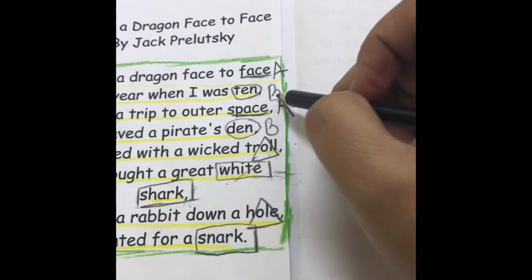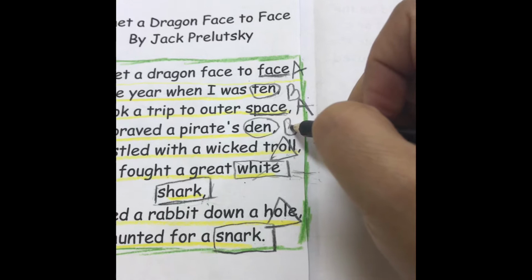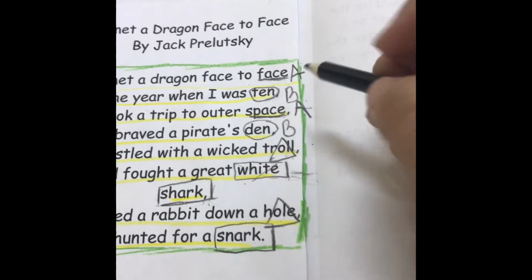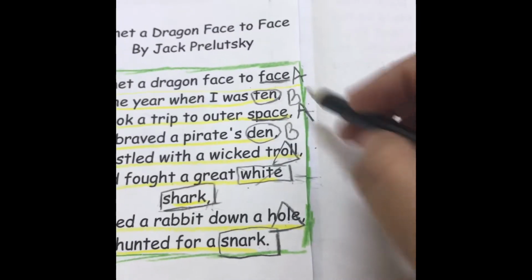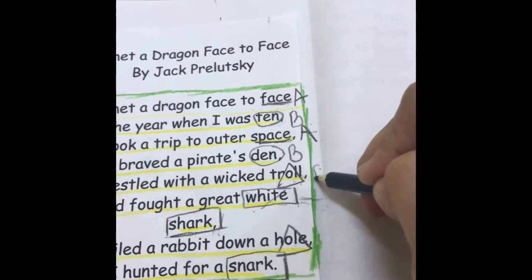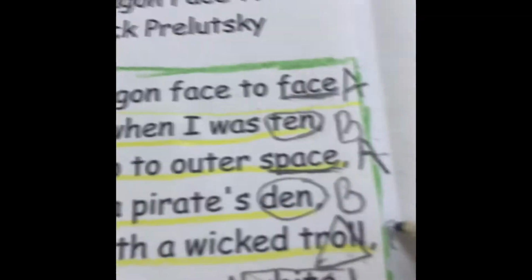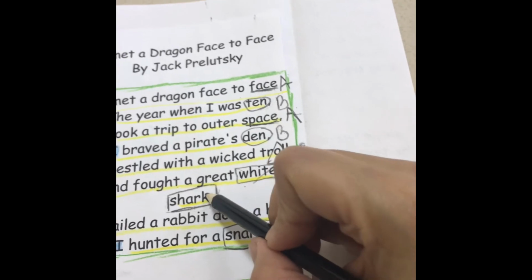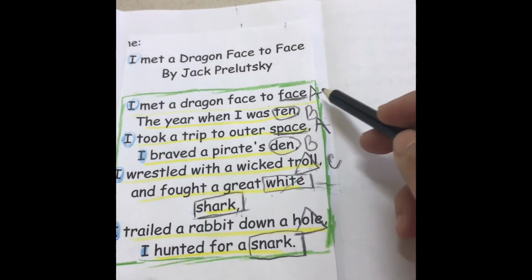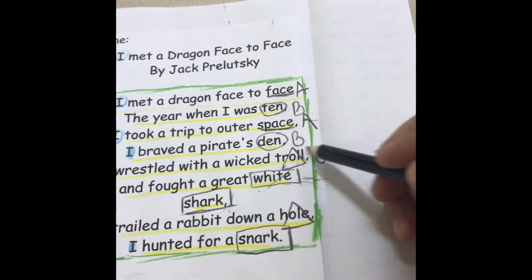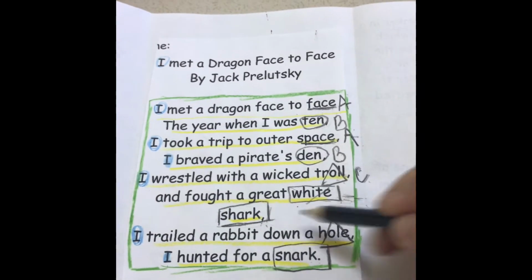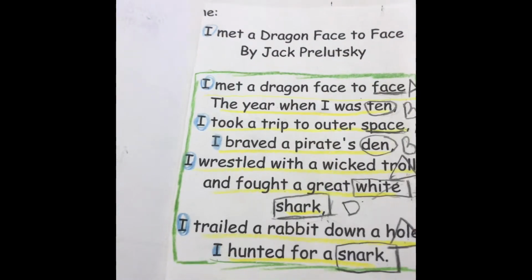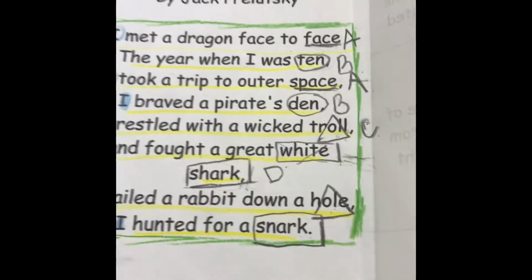So far we have AB, AB. And then we have troll. And we see that because we did a different shape, it's a different letter, okay? So it would be the letter C. And then we have shark. So we should have A, B, C. This is different, right? So because it's different, we're gonna label it D. Okay.